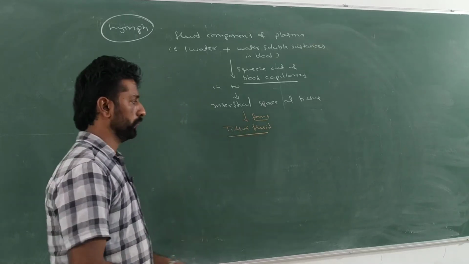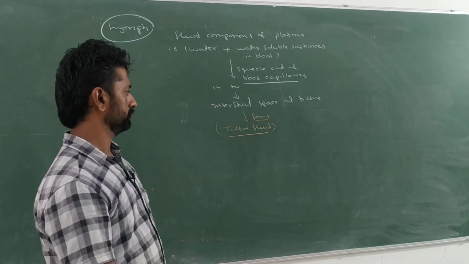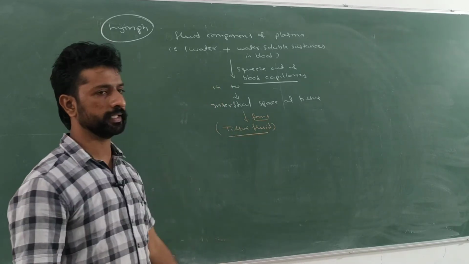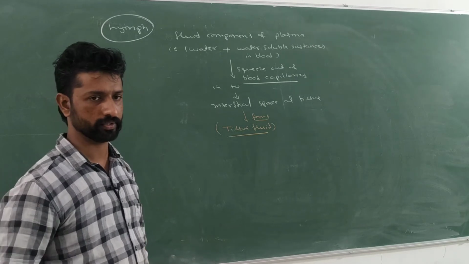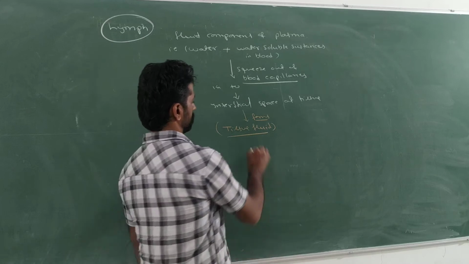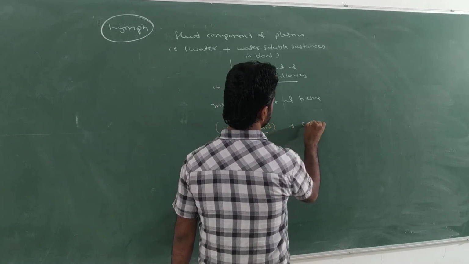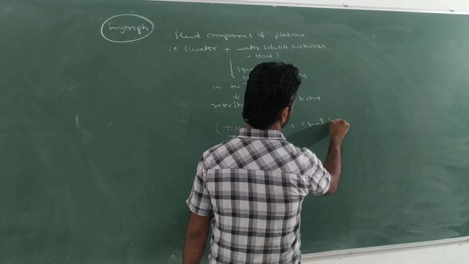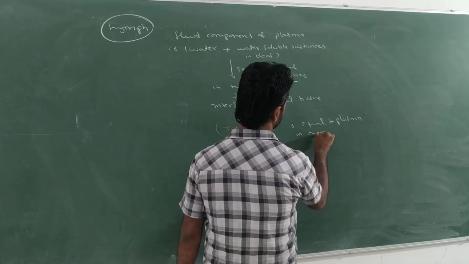Okay, what is the component of this tissue fluid? See, both tissue fluid as well as the plasma are having equal components. So the composition of tissue fluid is equal to blood plasma in composition.